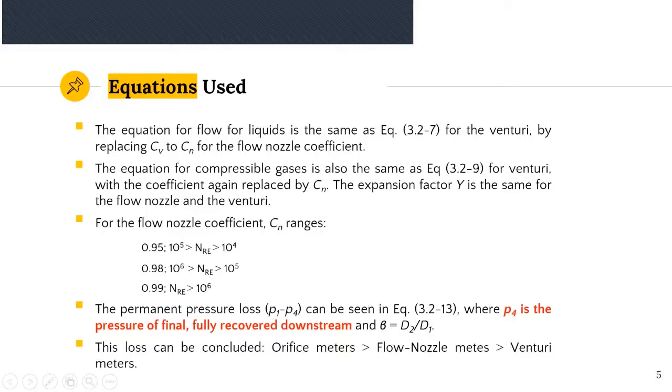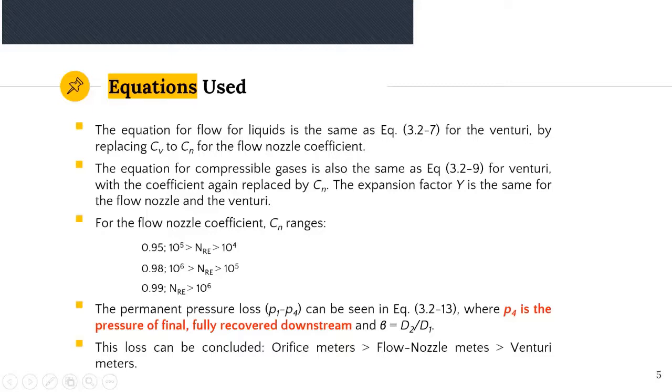And again, for compressible gases, where we will calculate the mass of the fluid, M equals Cn, or Cv or Co, times Y times A. You still remember, right? Now, I have just changed the Cv or Co to Cn only.